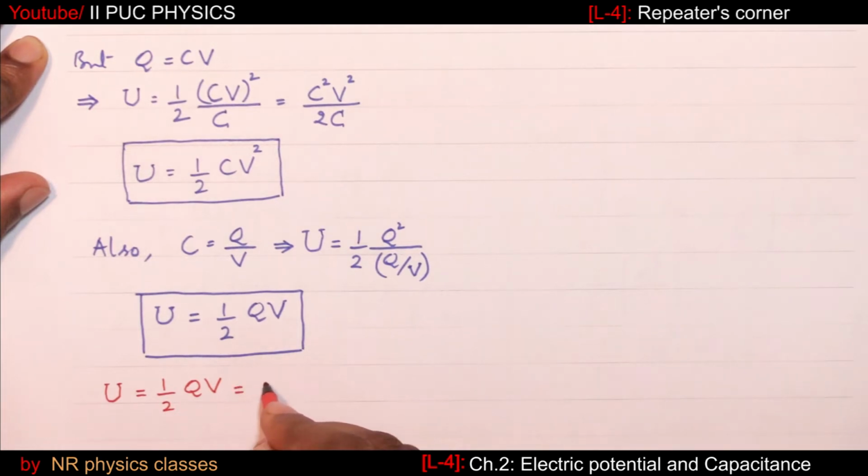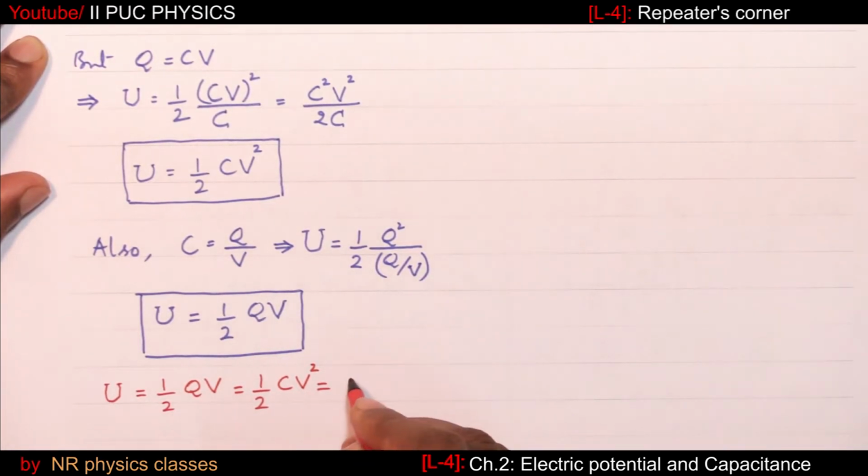In terms of CV, half CV square. The last combination in terms of Q and C, half Q square by C.